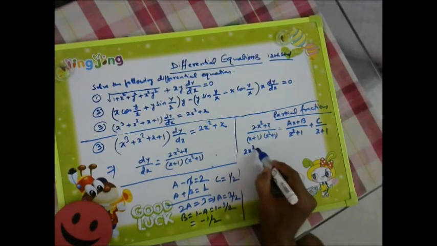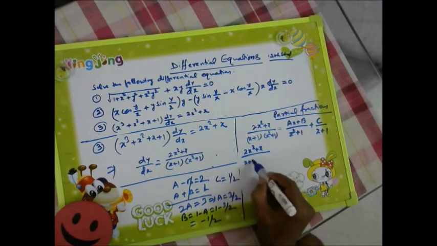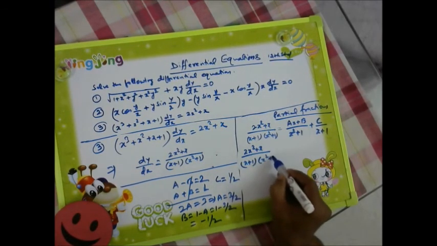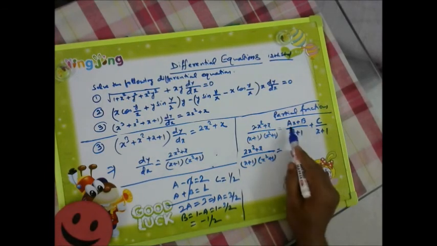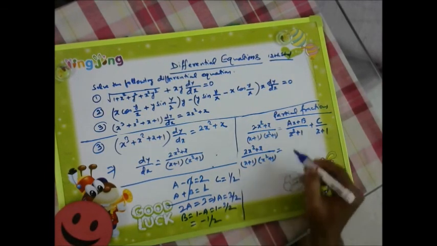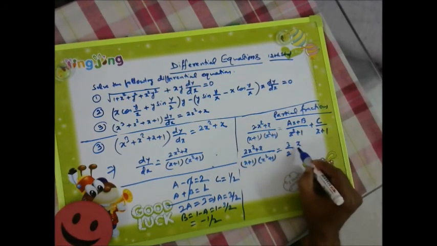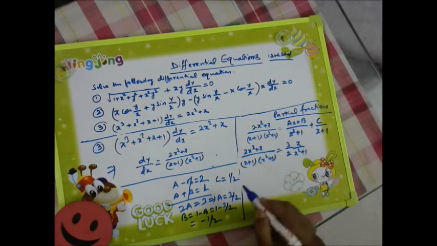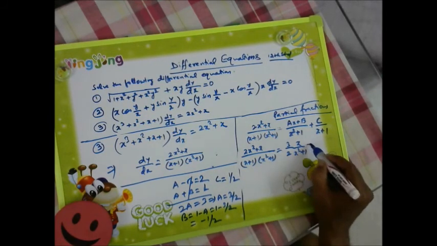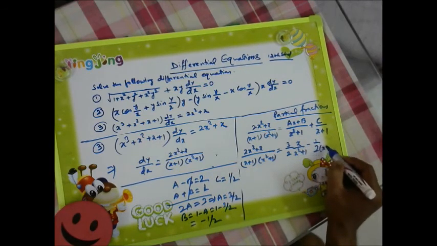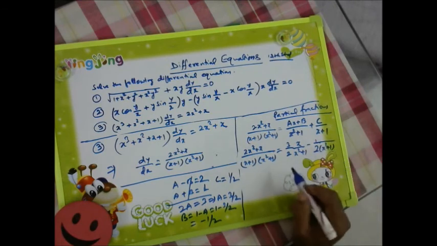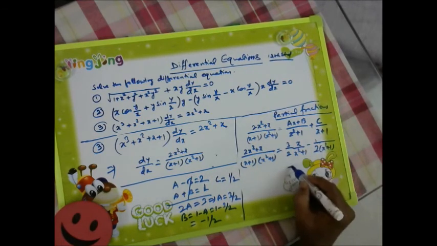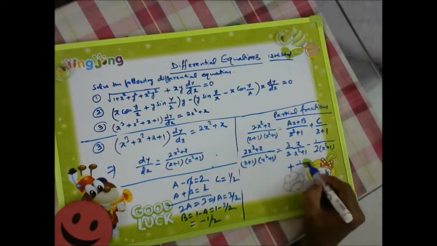And this 2x square plus x by x plus 1 into x square plus 1 can be written as a is 3 by 2, so 3 by 2 x by x square plus 1, and b is minus 1 by 2, so minus 1 by 2 into 1 by x square plus 1, and plus c is 1 by 2, so 1 by 2 into 1 by x plus 1.